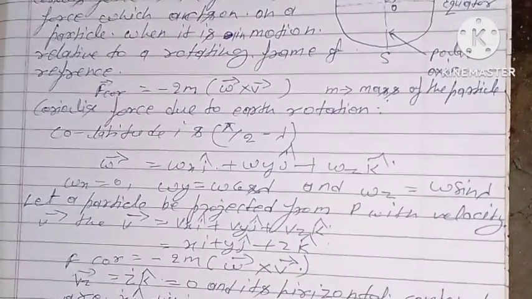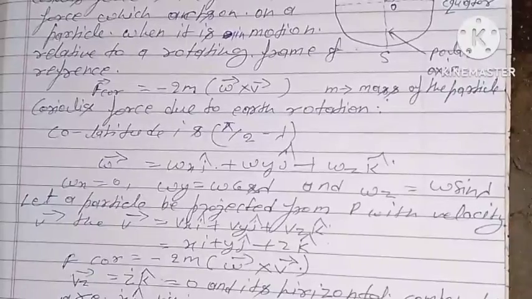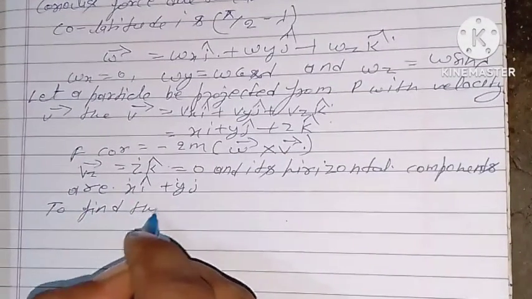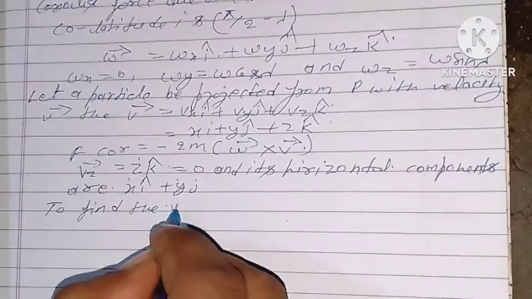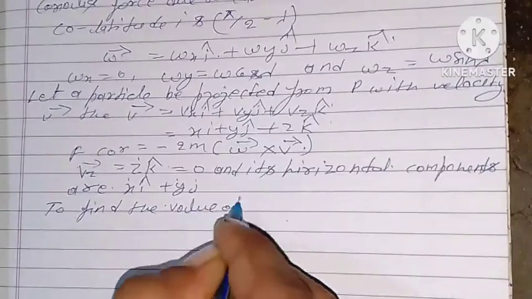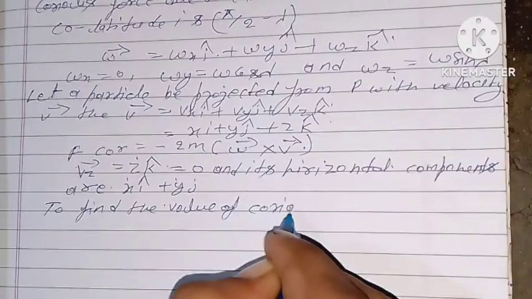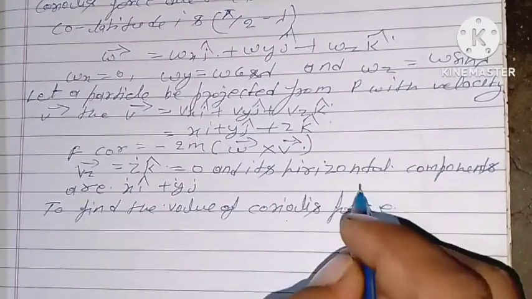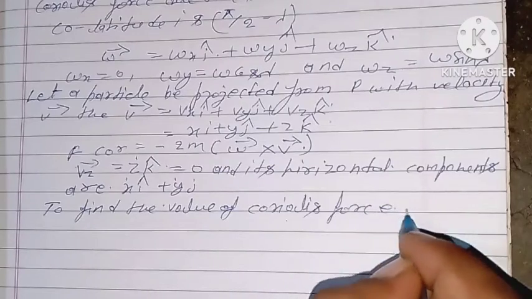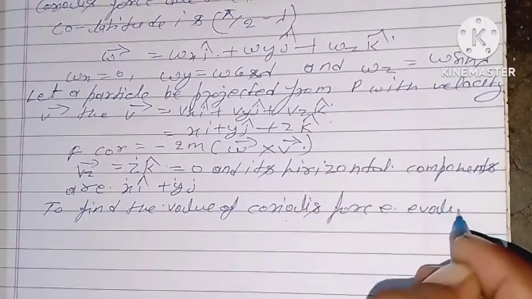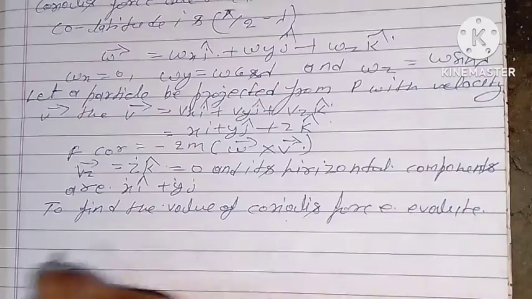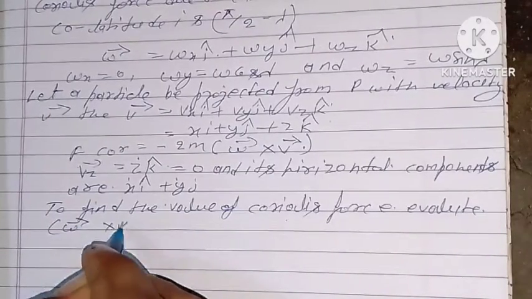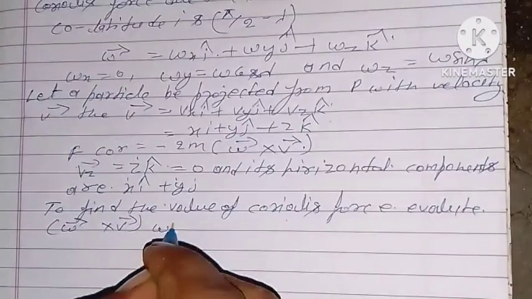To find the value of Coriolis force, evaluate vector omega cross vector v.